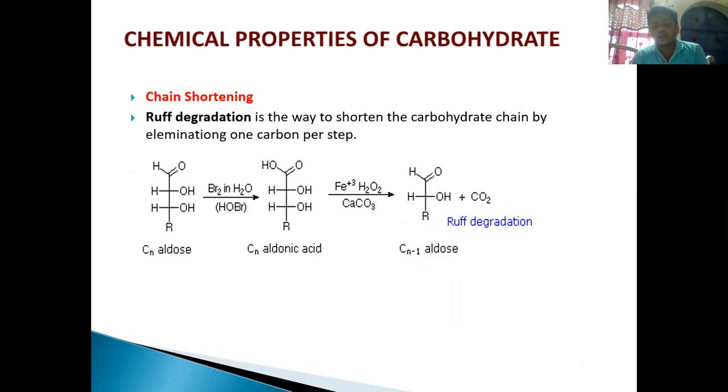When we apply degradation, it becomes a pentose, because pentose means 5 carbons, then tetrose, then triose. So the number of carbons is reduced. Like the Hofmann bromamide degradation, a carbon degradation process happens here. Consider the structure of a Cn aldose, which has n carbons. When treated with bromine in water, it produces a Cn-1 aldose. That means the carbon count is reduced, and the Ruff degradation process has happened.